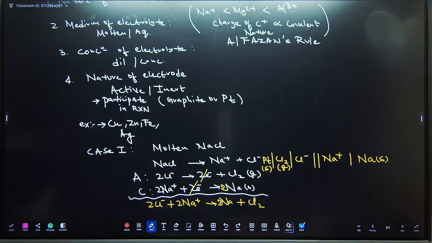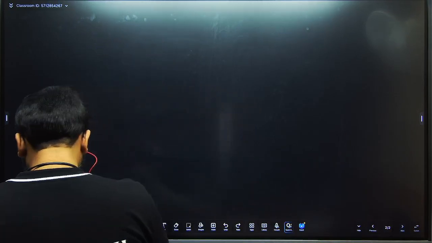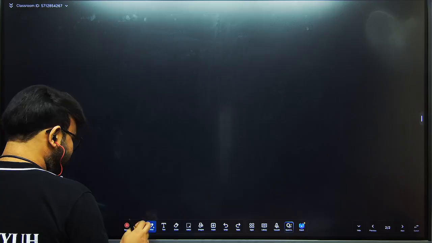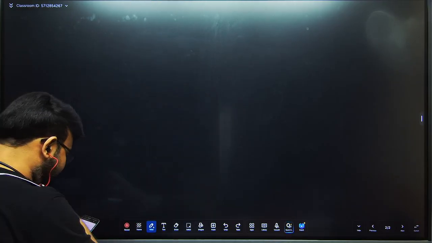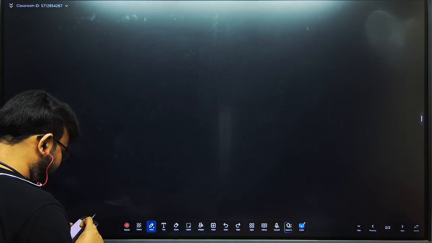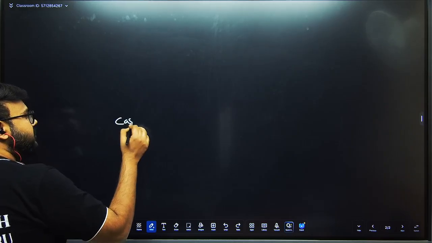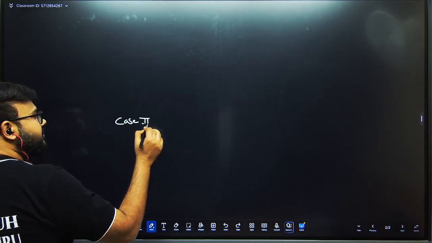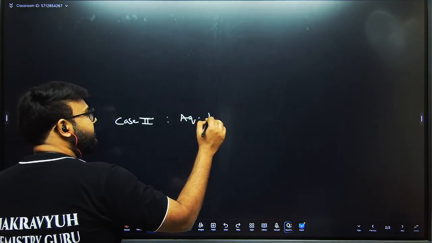Okay, write down the next case. So the second case, what we have this time is aqueous NaCl. Case 1 was molten NaCl, right? What are we taking now? Aqueous NaCl.